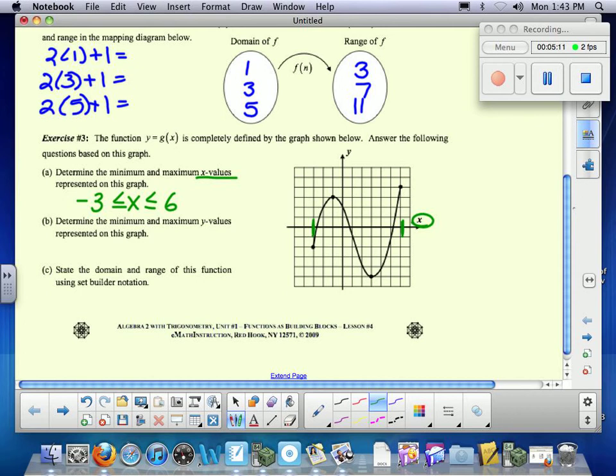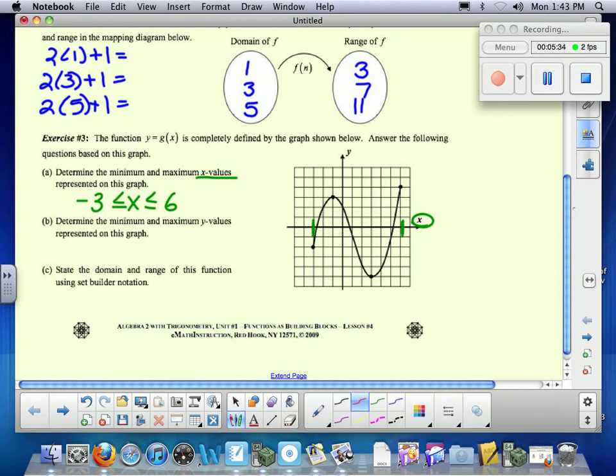Wouldn't that be saying not equal to? This says x is greater than or equal to -3, and x is less than or equal to 6.